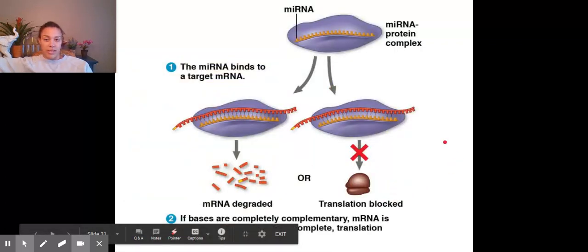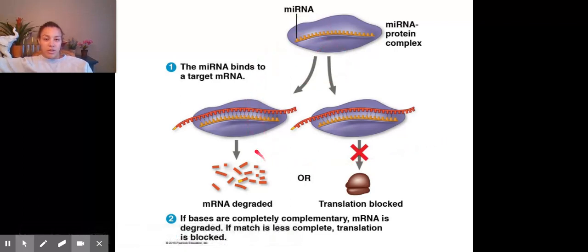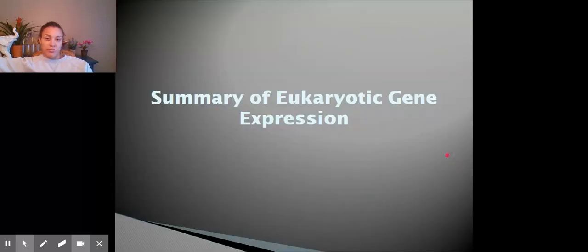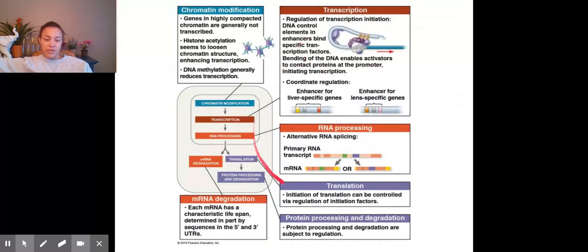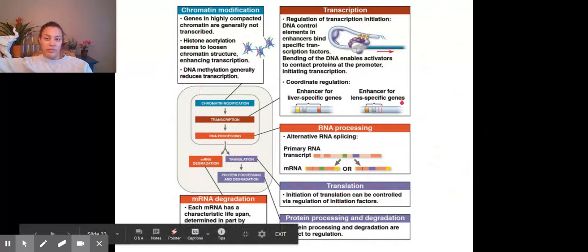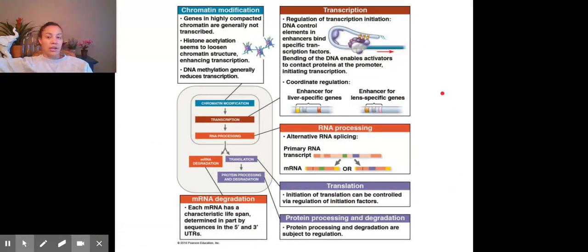If those little ones attach and bind, it's going to shut down the process and cause that messenger RNA transcript to break down. And so here's that full breakdown of all the different modifications that are attached there.